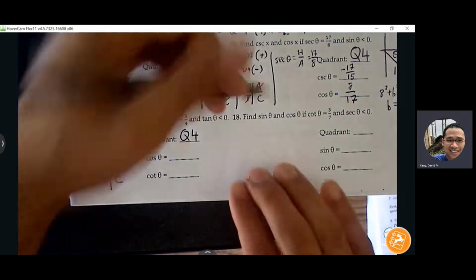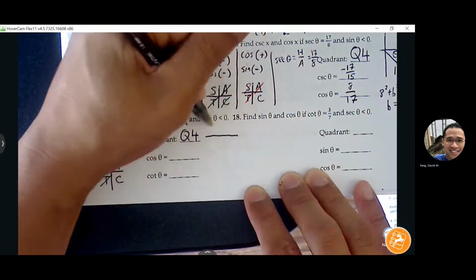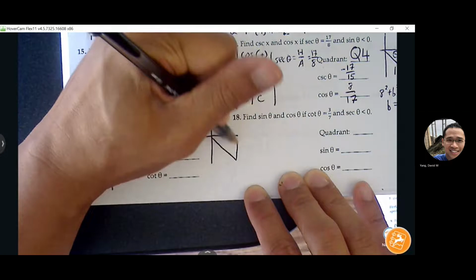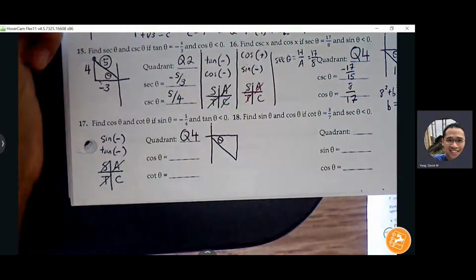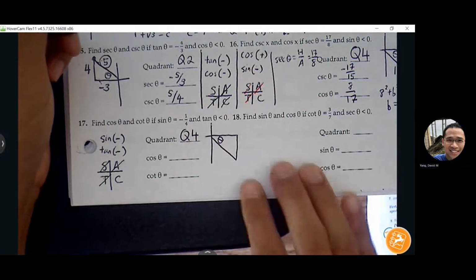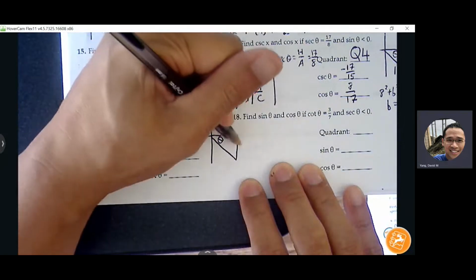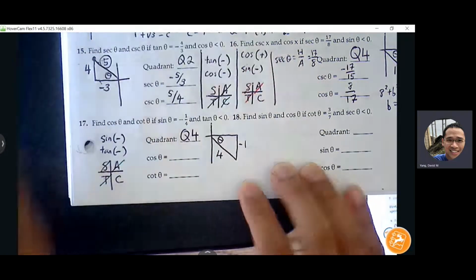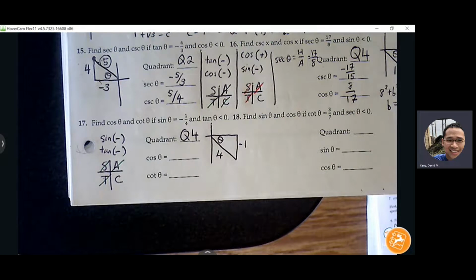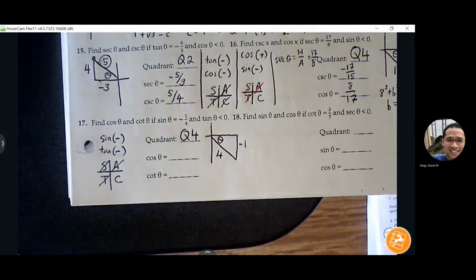Can't be third quadrant because tangent is positive here, so it has to be the fourth quadrant. Okay, create your triangle in the fourth quadrant. Sine is opposite over hypotenuse. We know the -1 is going to go with the y because your hypotenuse is always positive.